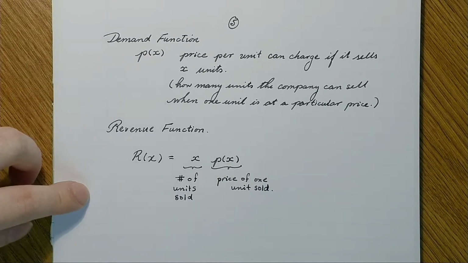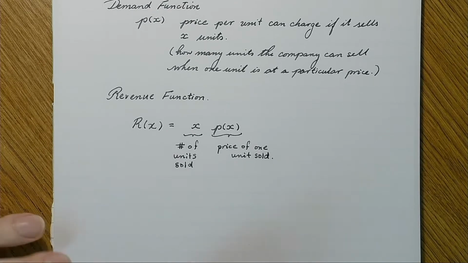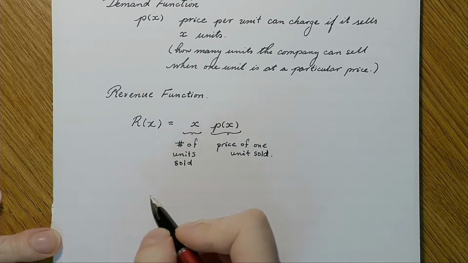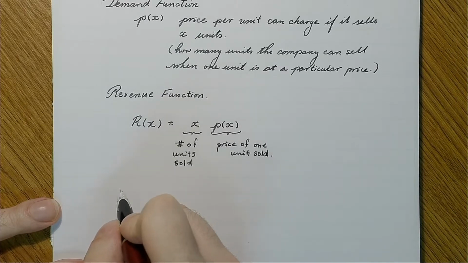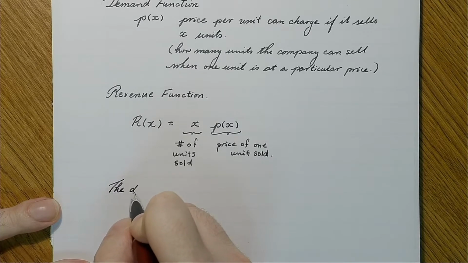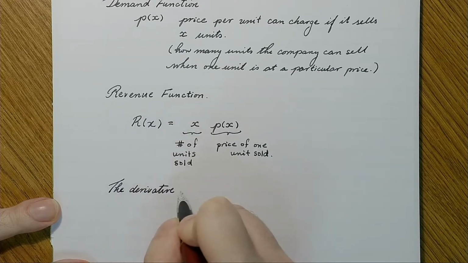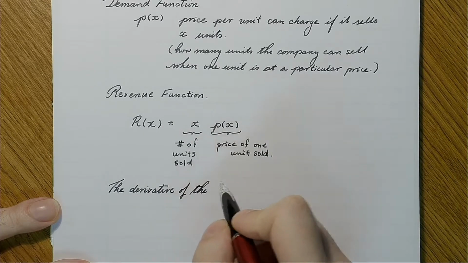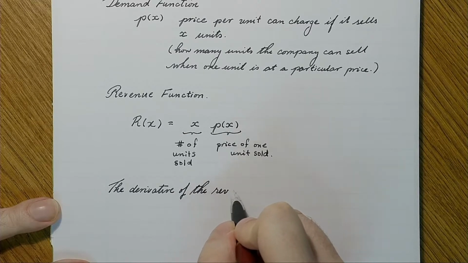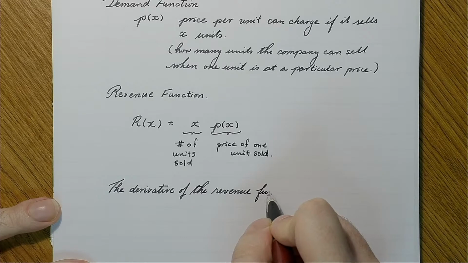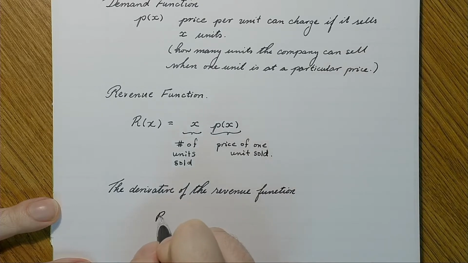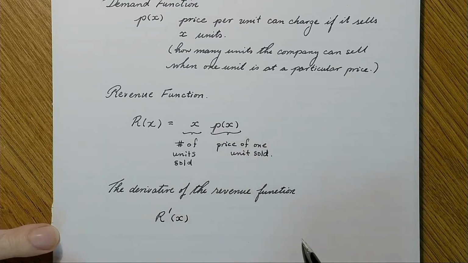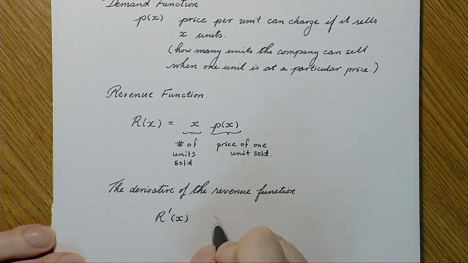So demand, revenue, and then we want to know, for instance, if we take the derivative of the revenue function, which is R of X prime, this is the marginal revenue function.